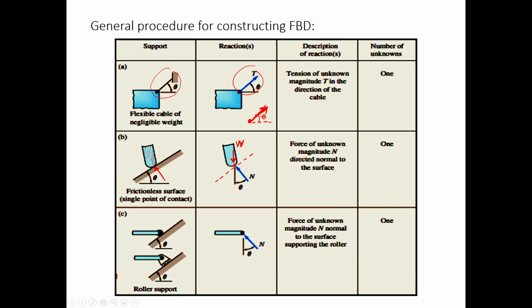Okay, so next is a roller support. Roller supports are just a perpendicular reaction against the surface. So again, the roller is a perpendicular reaction to the surface, meaning you also need to draw the surface here.